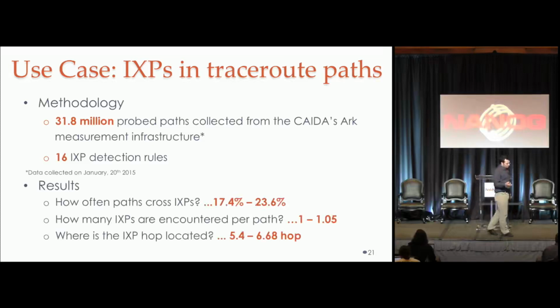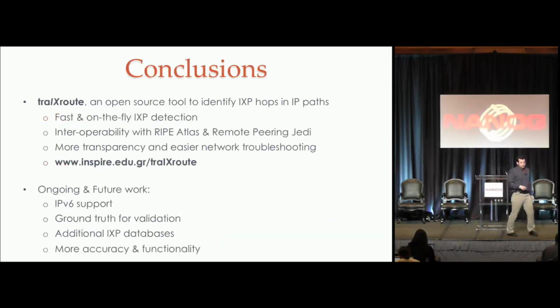Our results show that in about 20% of these paths we have IXP crossings. We don't usually see more than one IXP crossing link, and these IXP crossing links happen on average in the middle of the paths.